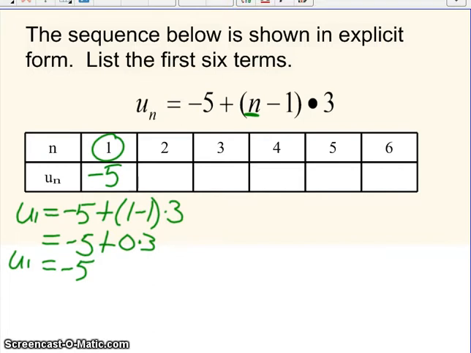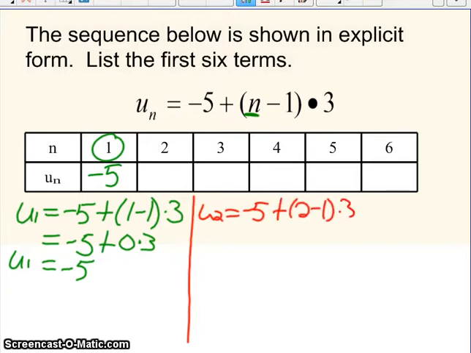If I plug a 2 in, the second term, I've got -5 plus 2 minus 1 times 3. 2 minus 1 is 1. 1 times 3 is 3. -5 plus 3 is -2.